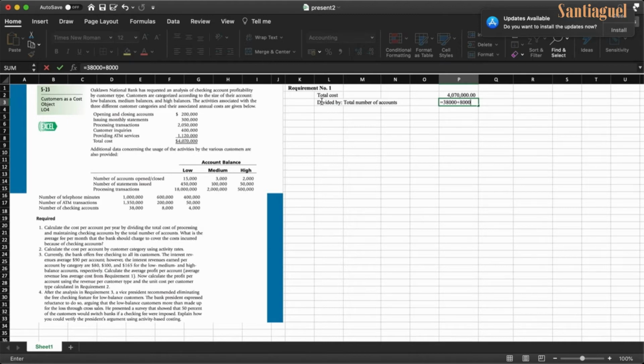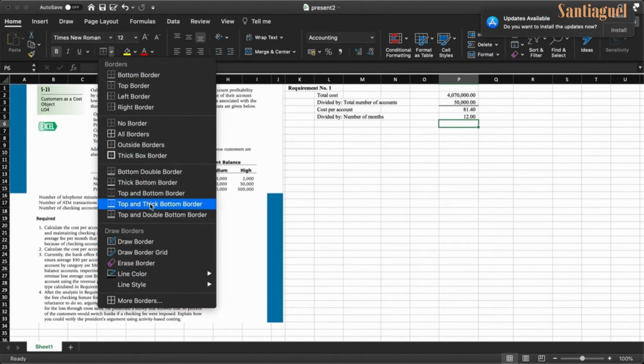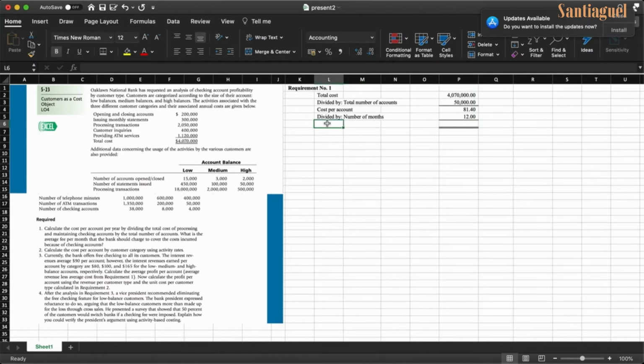To get the average fee per month, we divide the cost per account per year by the number of months in a year, or 12 months, and we get 6.78.